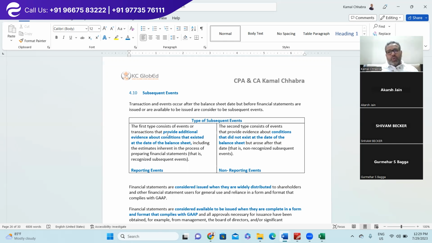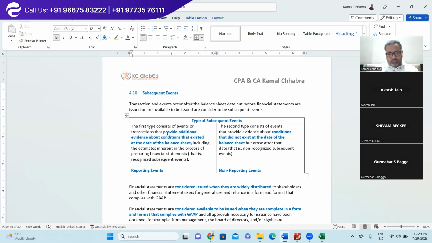Any idea what is a reportable event? A reportable event is basically an event which provides additional evidence or information about things existing in the balance sheet on the balance sheet date, conditions which were already existing on the balance sheet date.